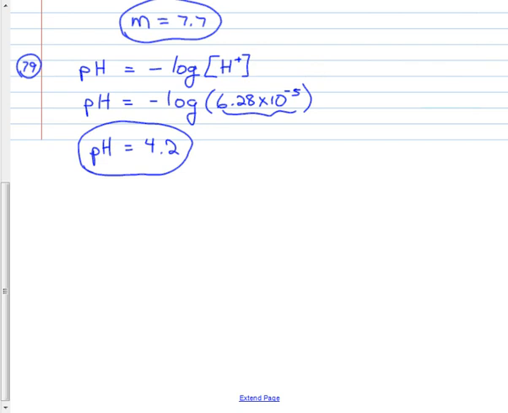81. Compound interest. So there's some formulas that we need to make sure that we understand. The amount after we invest a principal, 1 plus r over n raised to the nt.